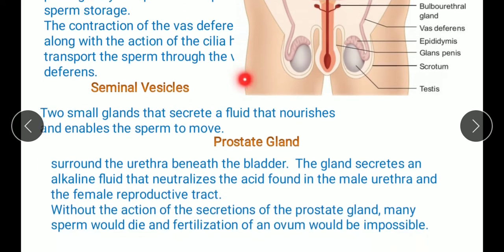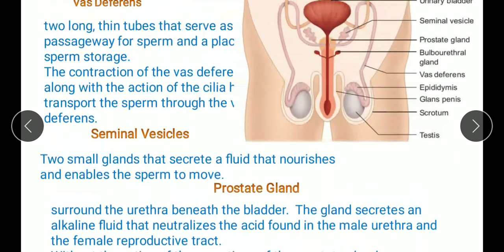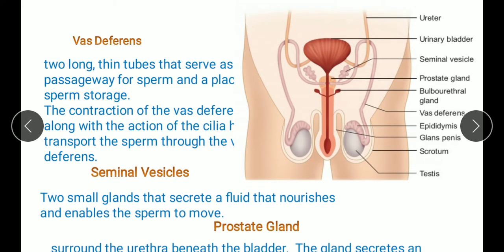Next one, seminal vesicles. Two small glands that secrete a fluid that nourishes the sperm and enables it to move. The seminal vesicles are found just beneath the bladder.